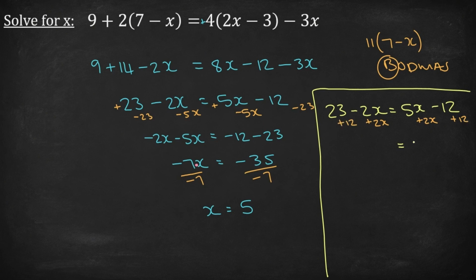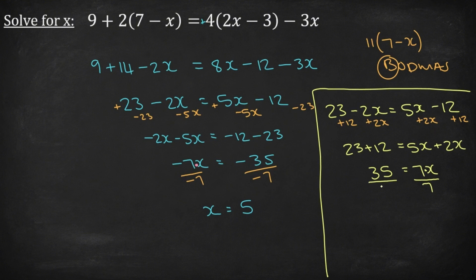All right, so this will give us 23 plus 12, and on this side, 5x plus 2x. Now let's add all the like terms. 23 plus 12 is 35 equals 7x. Now remember, this is 7 multiplied by x, so I have to divide by 7 to get rid of this 7 on the right-hand side.